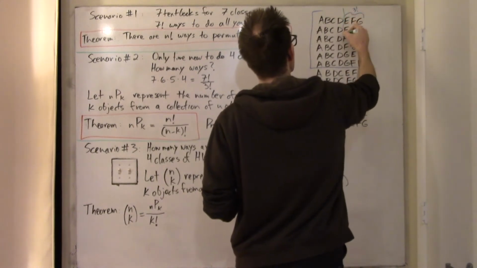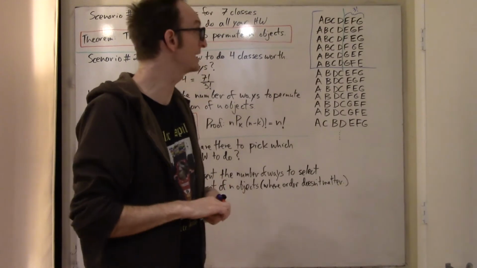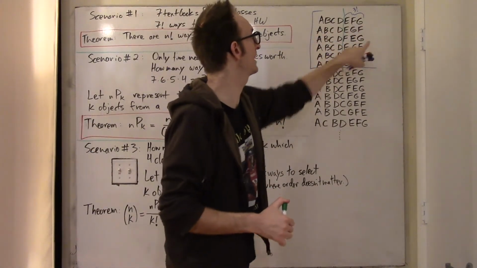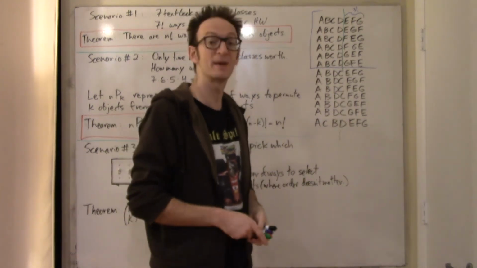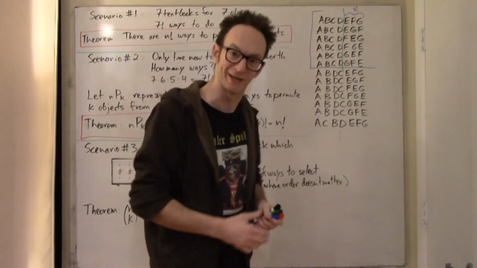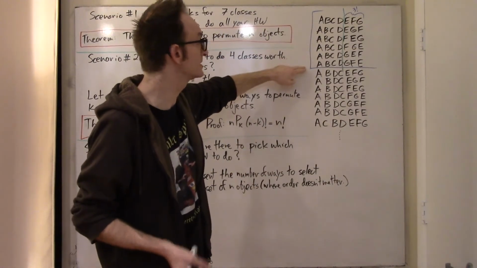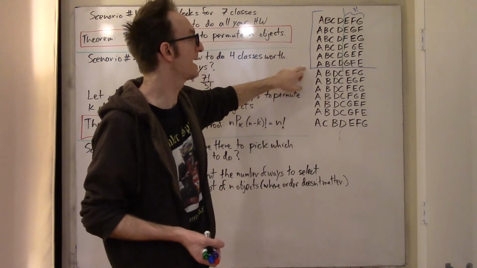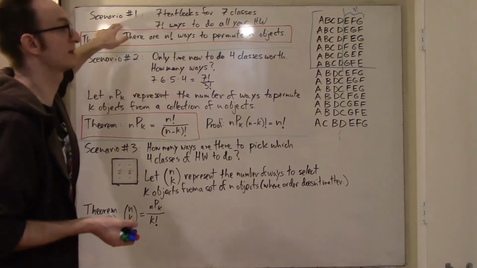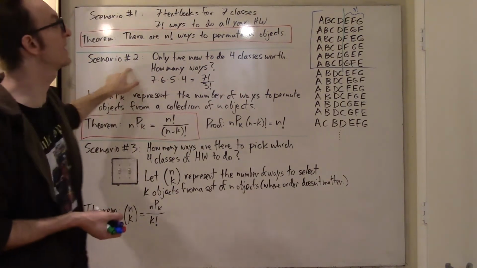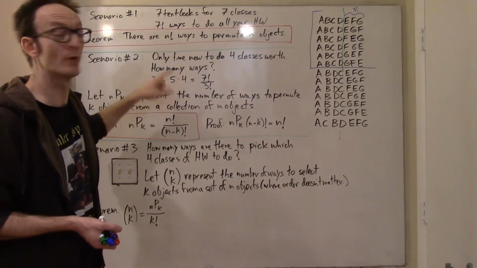You could think of the final 3 characters of this string, EFG, EGF, FEG, FGE, GEF, GFE, as irrelevant in some sense, because we don't even do the last 3. And so these 6 strings appear separately, correctly, as 6 different outcomes in the first scenario, but in the second scenario, they are really just one outcome, because now we're only doing 4 classes worth.